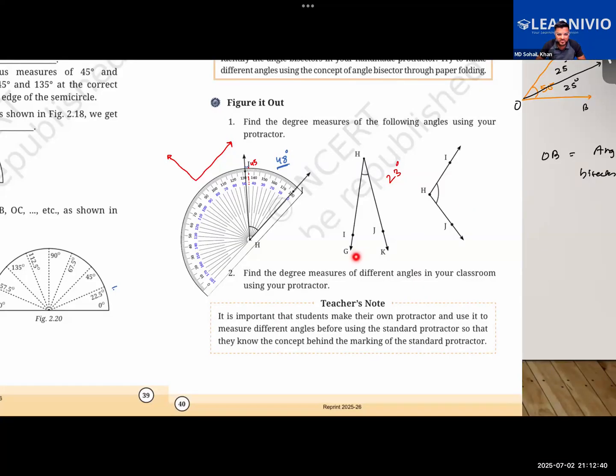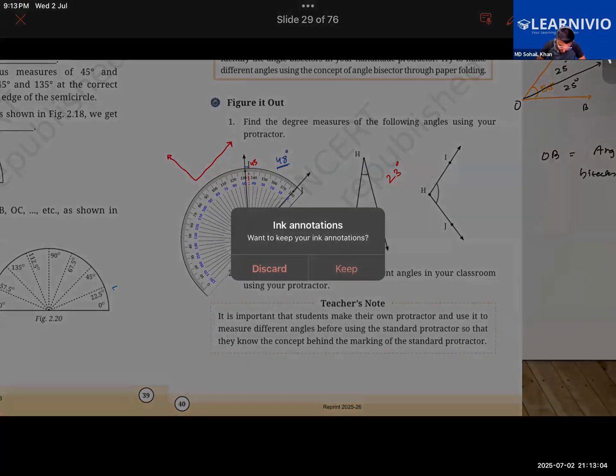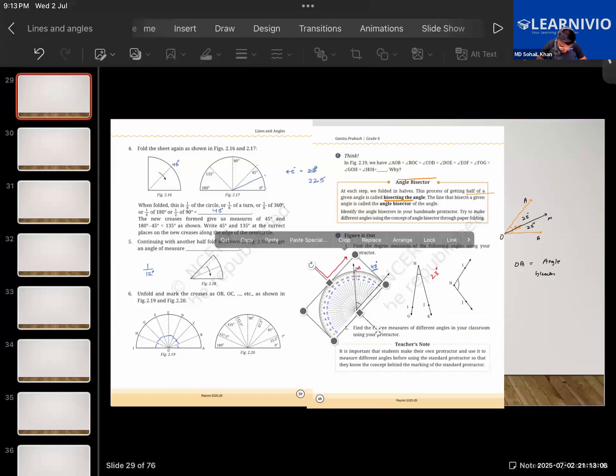For the second question, find the degree measures of different angles in your classroom using your protractor. This is some activity. Third one, sorry. Habib, how are you getting 140 degrees? Even for the third one, it's not going to be 140 degrees. Let me again put the protractor here. Hold on. It's not 140, that third one.